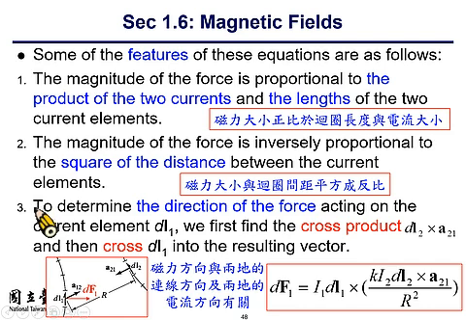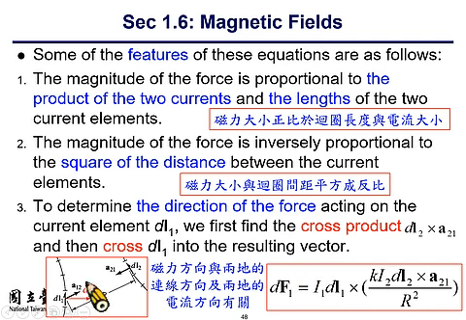The third observation is to determine the direction of the force acting on current element dl1. We first find the cross product of dl2 cross A21, then find the cross product of dl1 with this result, which can be either of the same or opposite or even perpendicular directions. So the direction is not a given. You need to do the calculation.